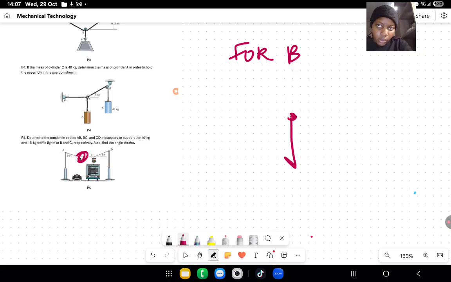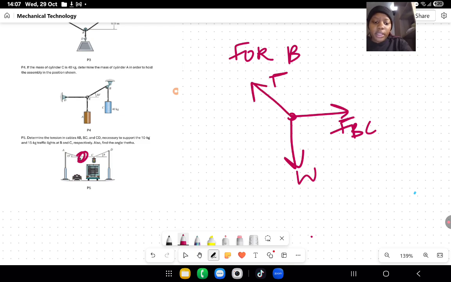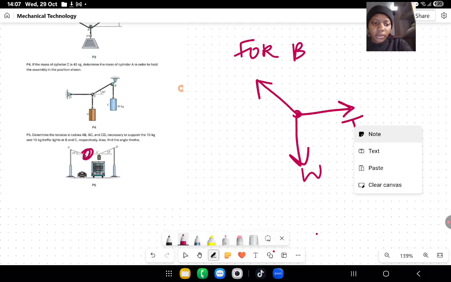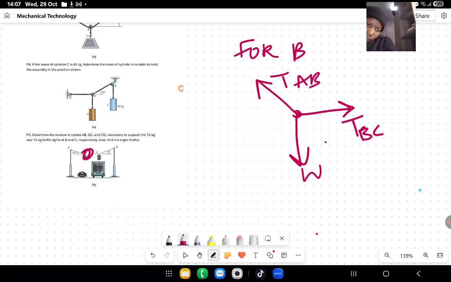It's our weight going down, then we'll have our tension TBC and our tension TAB.